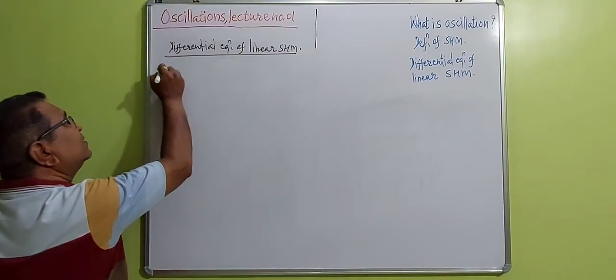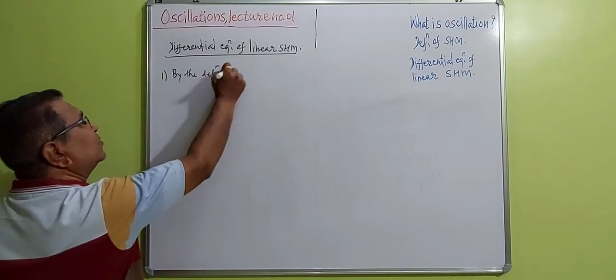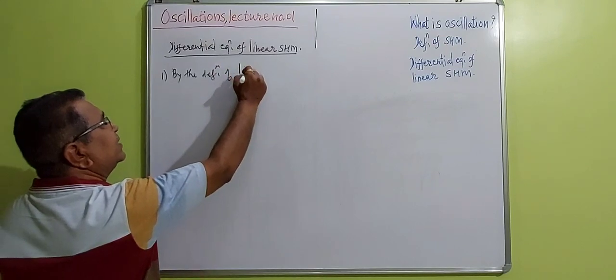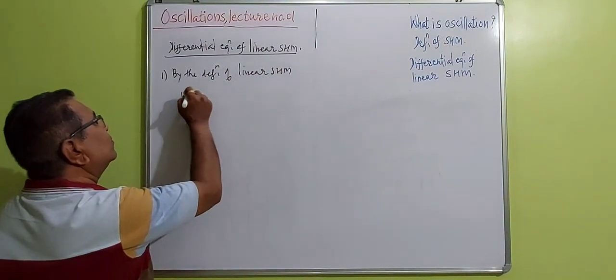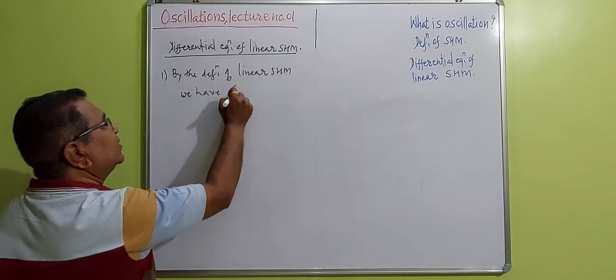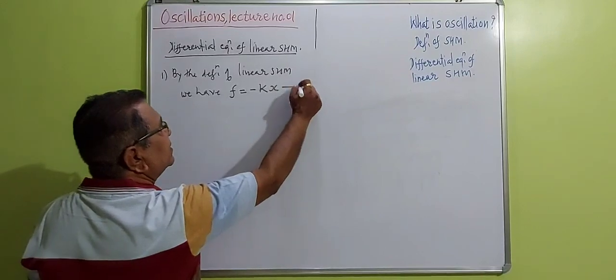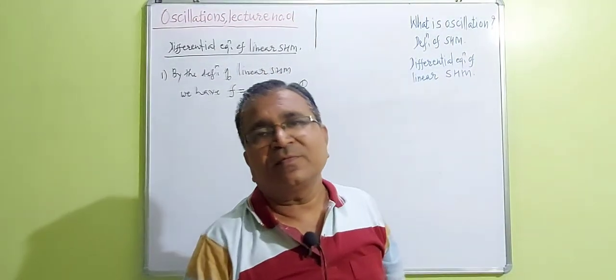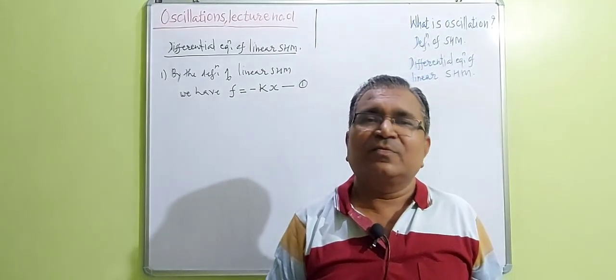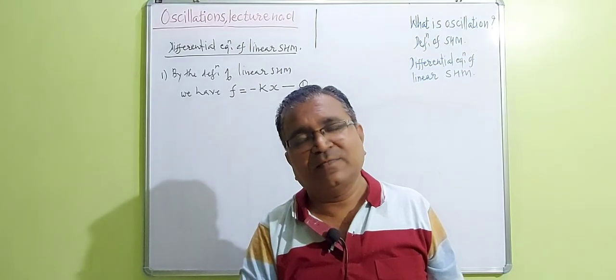Number one, by the definition of linear S.H.M, we have F is equal to minus kx. This is equation 1. By the definition of linear S.H.M, we get equation F is equal to minus kx.